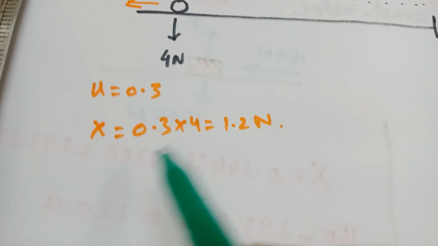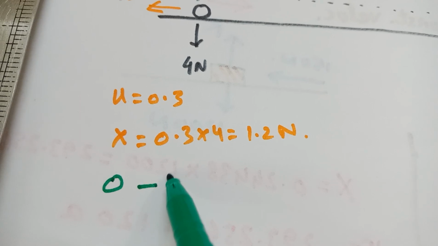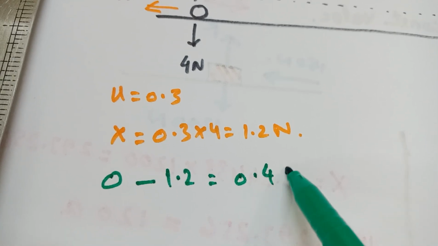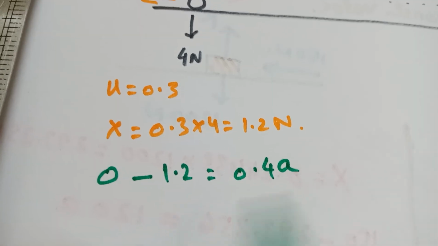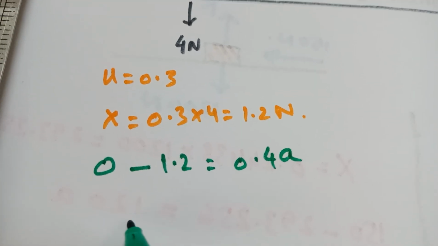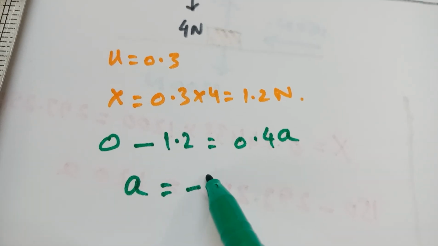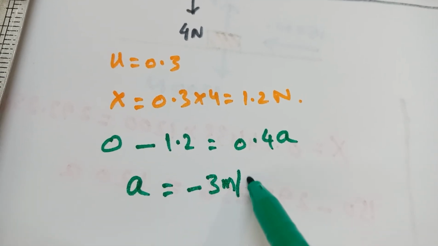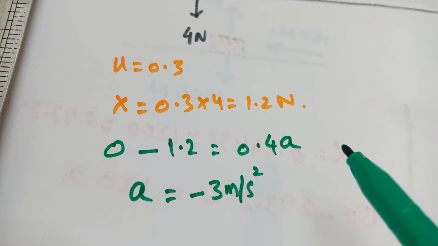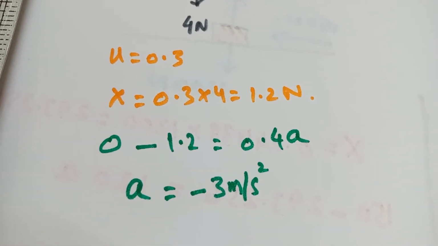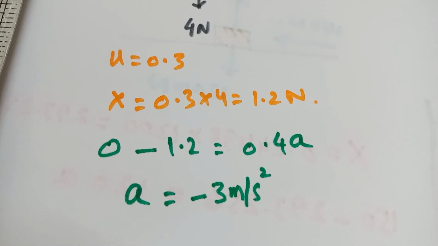There is no forward force, so let me write this as 0, and there is the backward force 1.2, the mass is 0.4, and we calculate the acceleration. So the deceleration will be minus 3 meter per second squared, whatever the speed with which you have hit it.